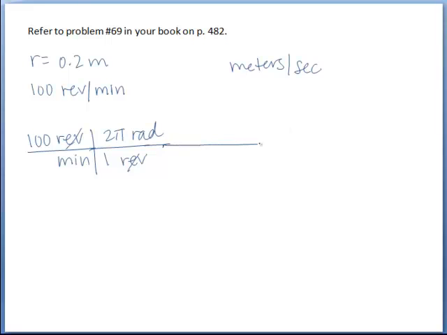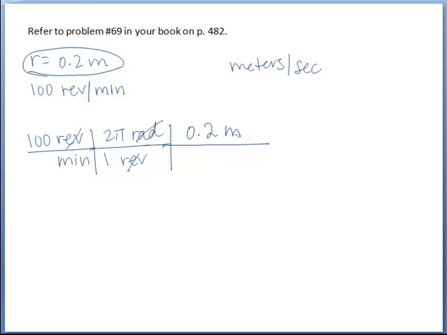Now, we've got radians per minute. We need to end up with meters per second. So, to convert radians to units of length, remember, we need to multiply by some unit of length. And do you see that our radius is 0.2 meters? So if we say 0.2 meters here, radians cancel.